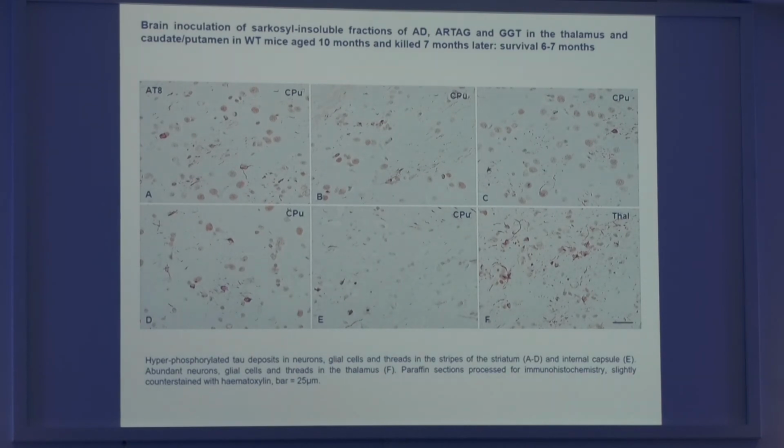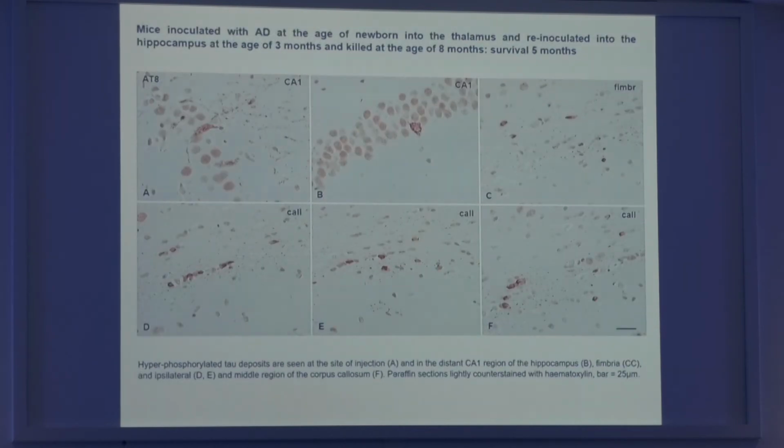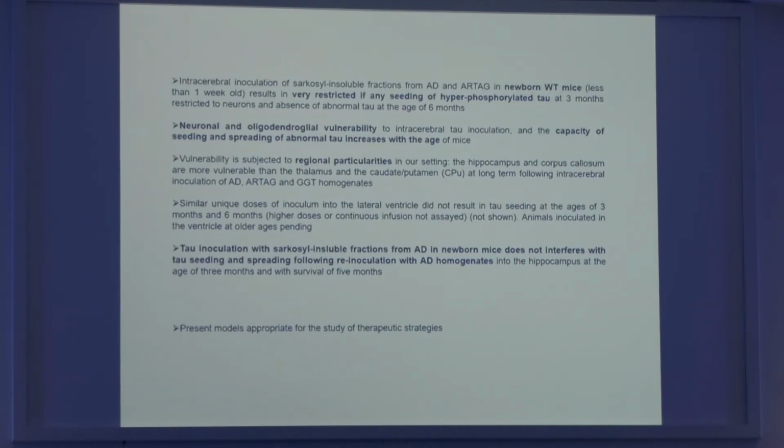When animals are injected at older ages, they are more vulnerable to tauopathies, as can be expected. And in the end, this is just a summary of these results. These are preliminary results. What we have also seen is that when we re-inoculate animals which were inoculated as newborns, they are not protected at all.